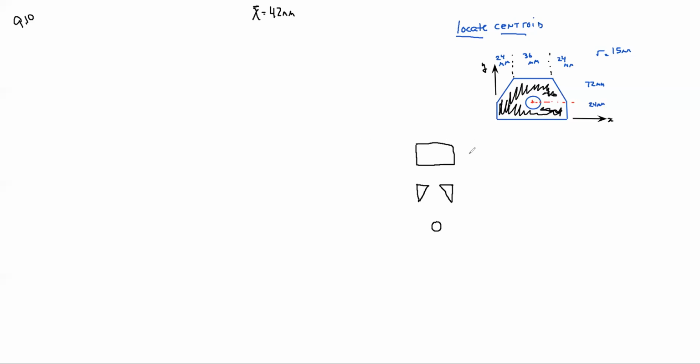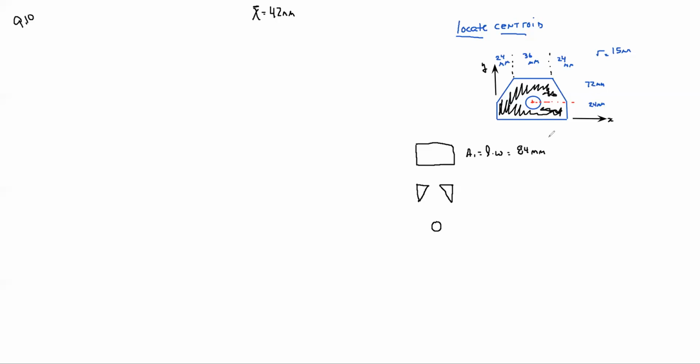Area of a rectangle. Area 1 is length times width. The length is 24 plus 36 plus 24, which is 84 millimeters. Oh my goodness. There we go. 84 millimeters times 72 plus 24.